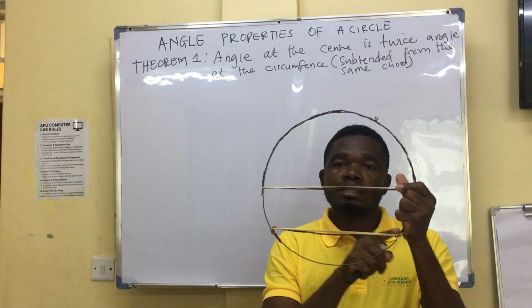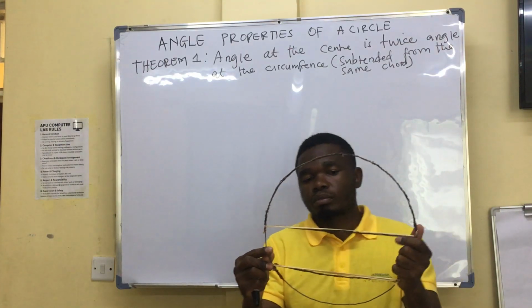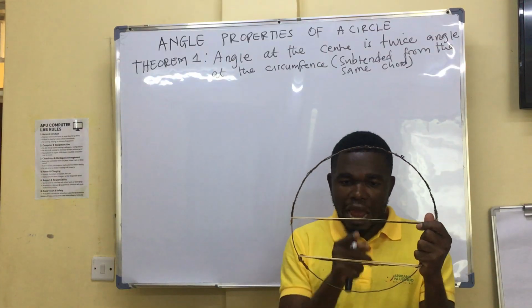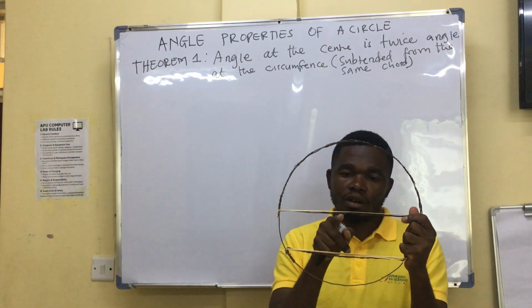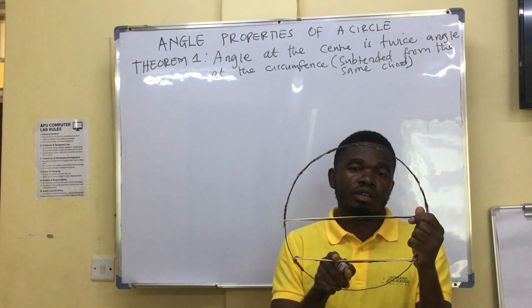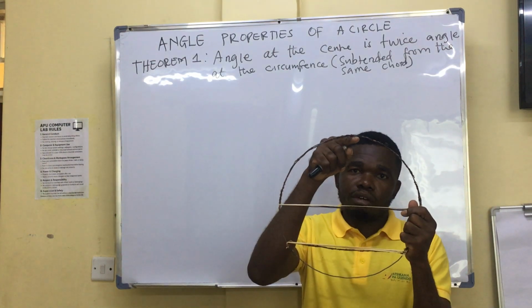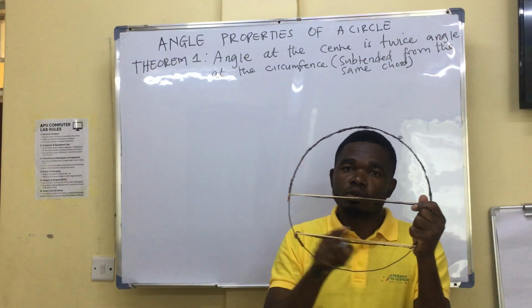This line is a chord. We want to prove that the angle at the center from this chord is twice the angle at the circumference from the same chord as well.